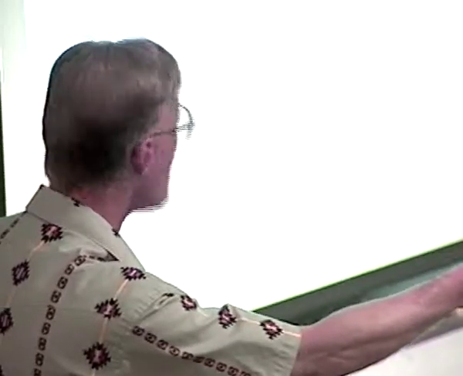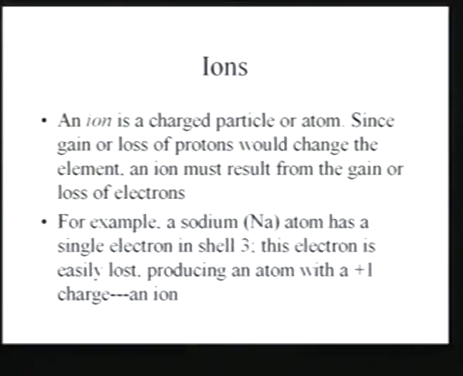Okay? So since we're not changing the element, a charged sodium atom is still basically a sodium. We haven't changed the protons. What we're changing is the electrons. Okay, we're losing or gaining electrons to change the charge of the atom. Okay, so that's what we're dealing with, a charged particle or atom, an ion.